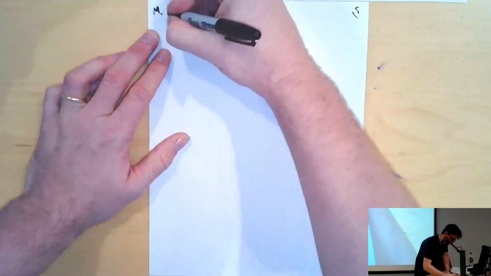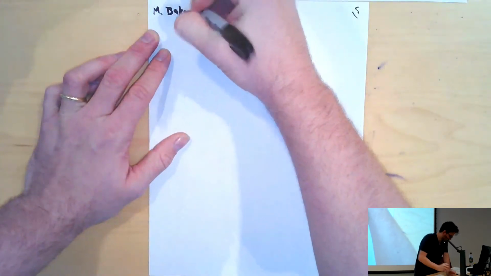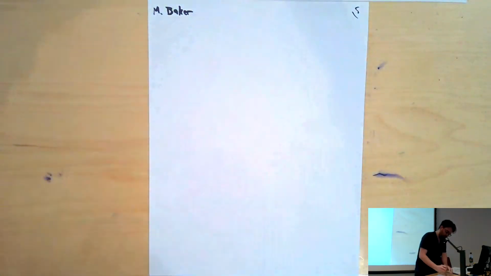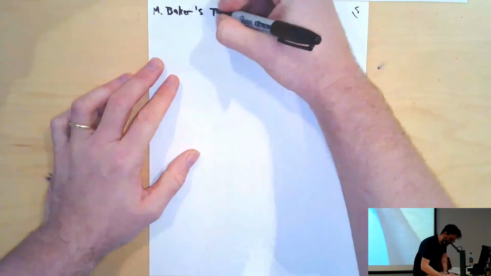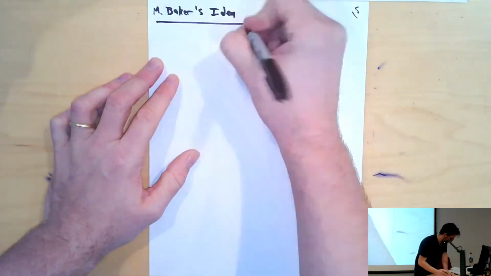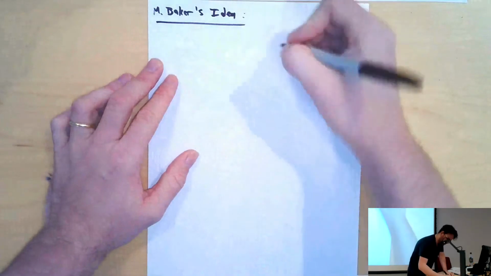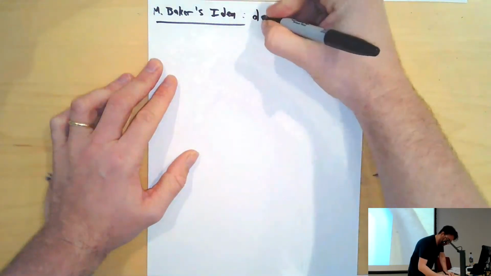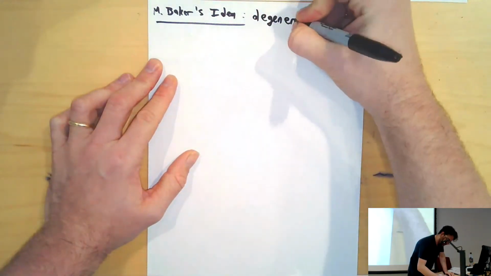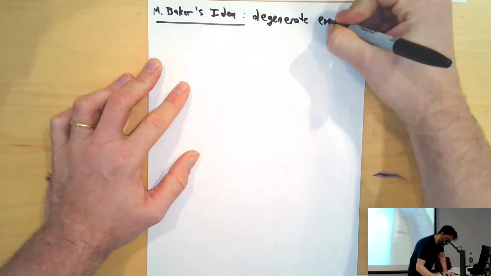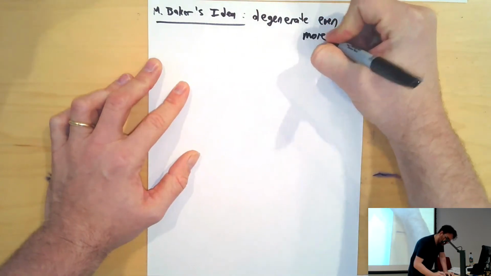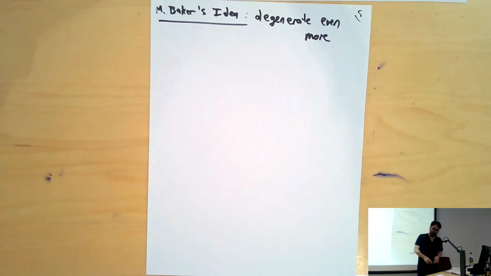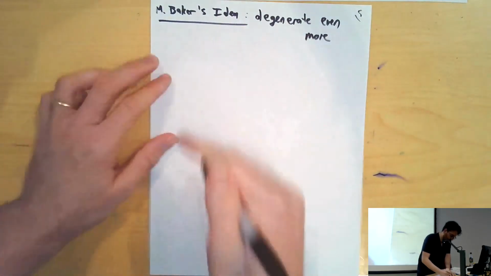Matt Baker in Barbados explained to me the following idea, which is that we were not being degenerate enough. So degenerate even more. Throw away the geometry and just work with the combinatorics of the special fiber.